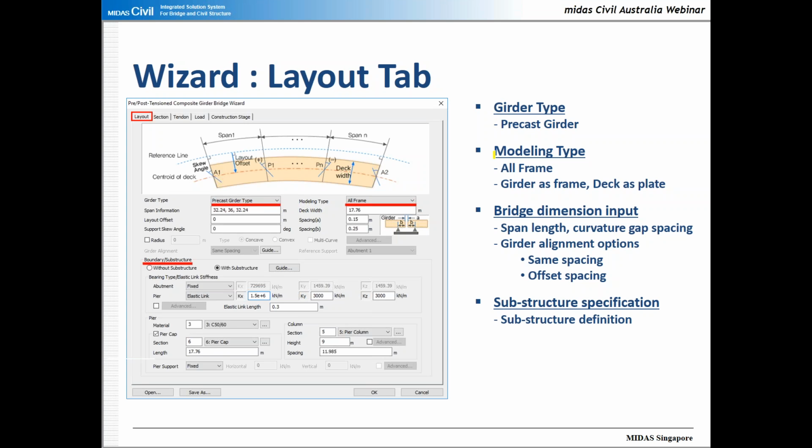Then you can choose the modeling type. You can choose the entire bridge to be modeled as all frame, or you can choose the girder as frame and the deck as plate.